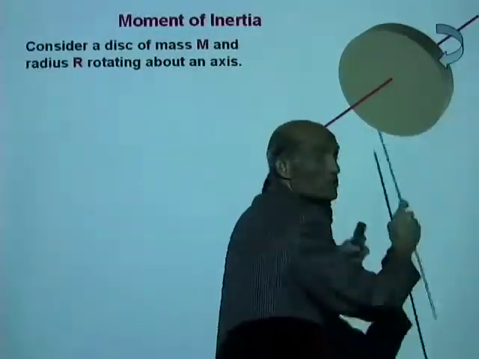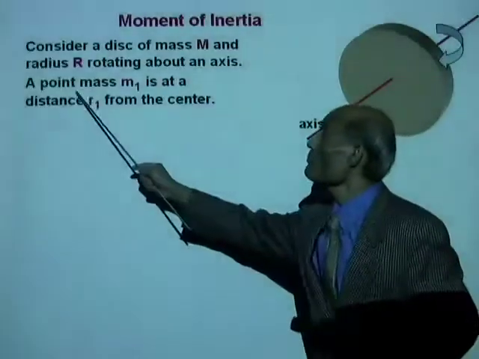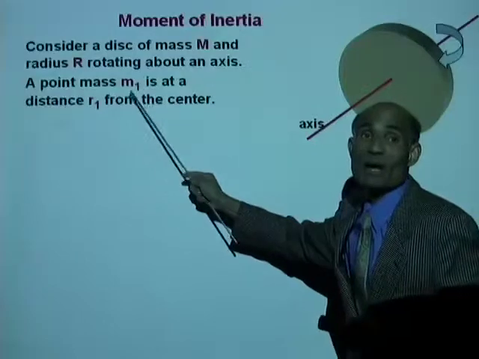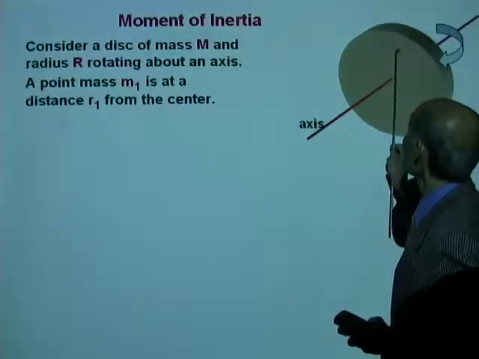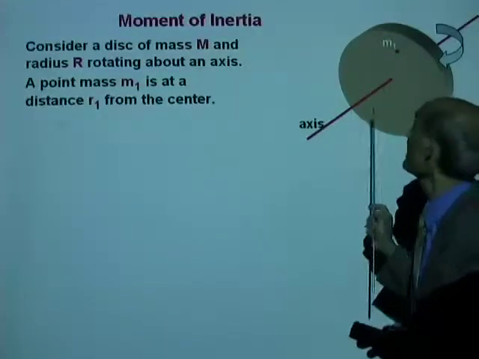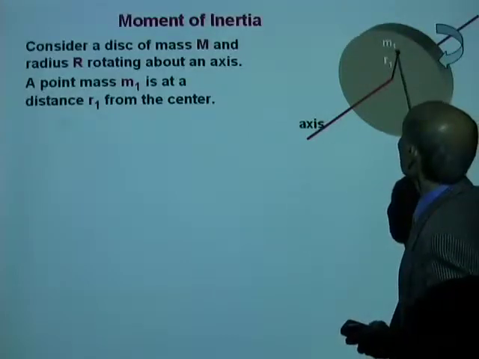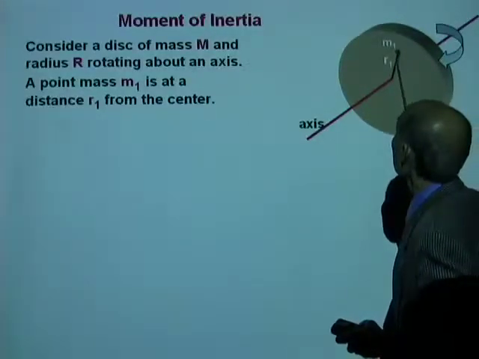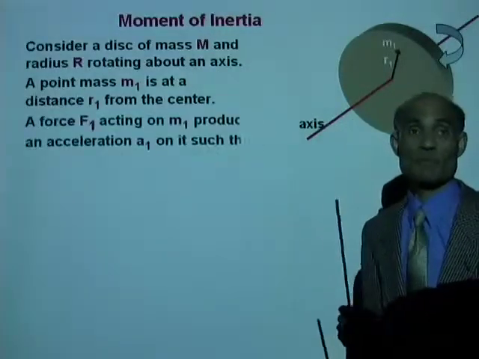So the disk is rotating in the clockwise direction. A point mass m1 at a distance r1 from the axis.